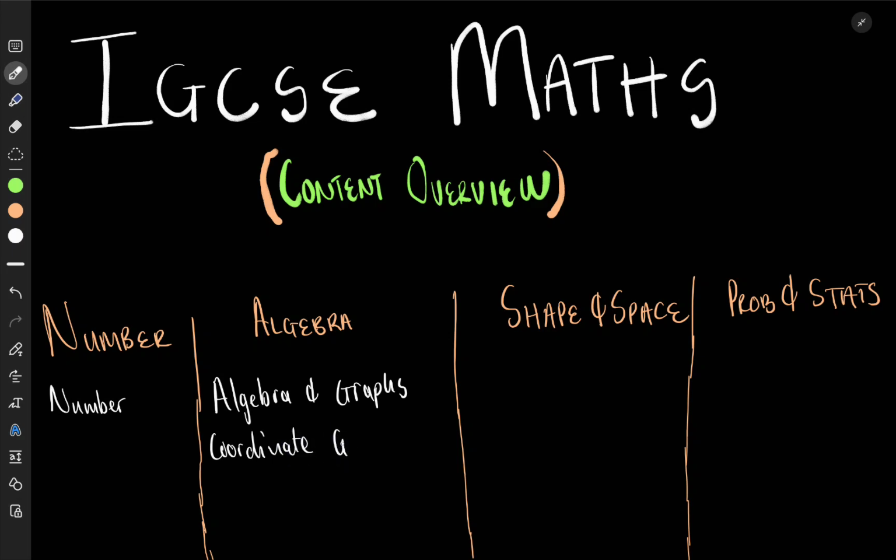Coordinate geometry. Now, when we go to shape and space, the 3rd unit, it has 4 topics. The first topic is going to be called geometry, not coordinate geometry, but just geometry. Second, we'll call it trigonometry.